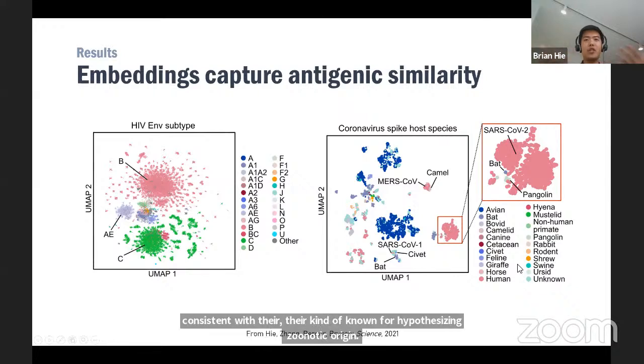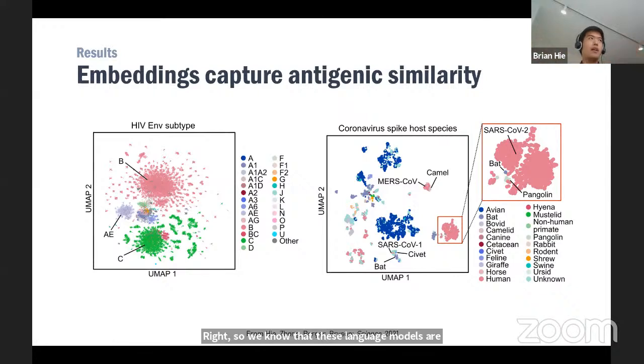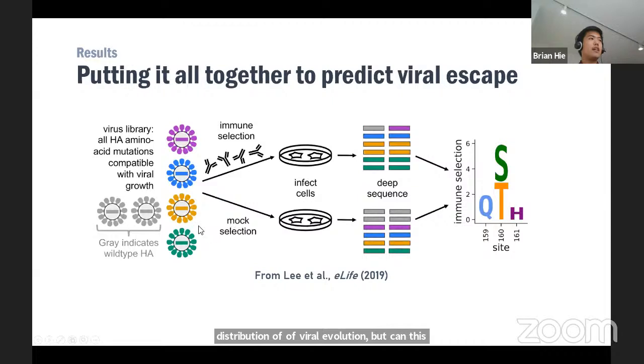Right. So we know that these language models are learning something about the antigenic distribution of viral evolution, but can this actually predict escape? To validate a model for predicting escape, we can leverage these deep mutational scan datasets.